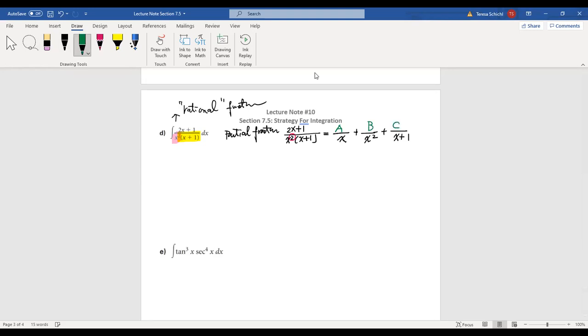Now remember what we did here. You need to solve for the ABCs, right? So we go back here, and we have x squared times x plus 1. Now, what is A going to be? A is going to have x and x plus 1.